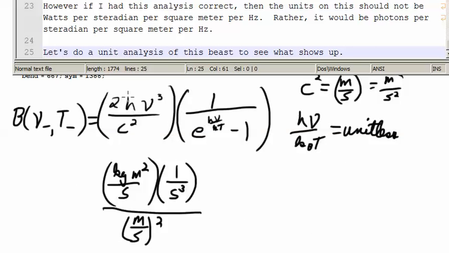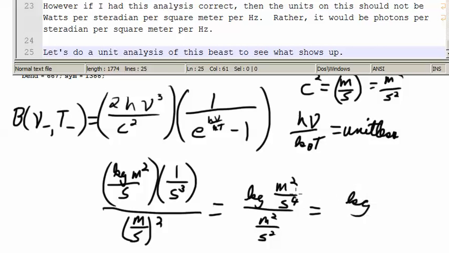So multiplying these together, h gives you kilograms meters squared per second. Nu cubed gives you per second cubed, and c squared gives you meters per second squared. It's going to give us kilogram meters squared per second to the fourth divided by meters squared per second squared, which is kilograms, cross those off, per second squared.